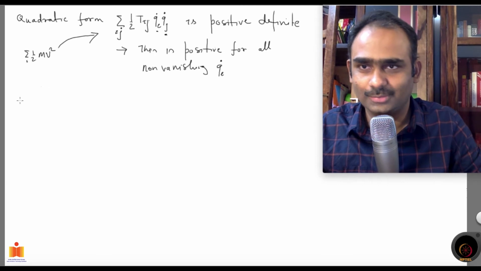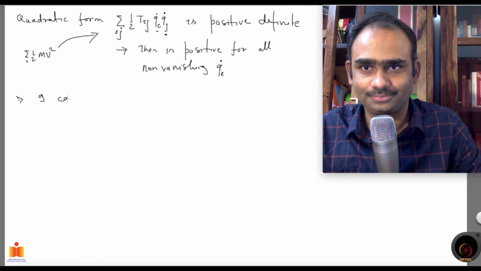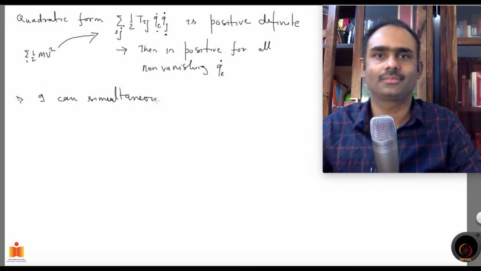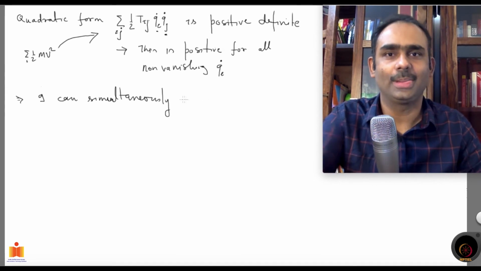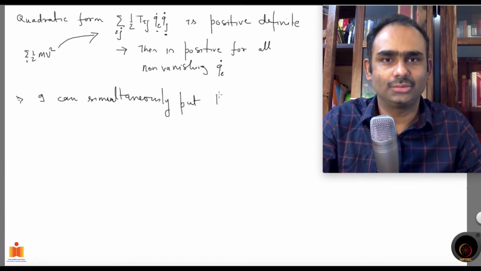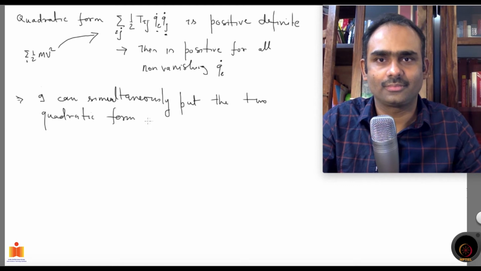So by this I mean I can simultaneously put the two quadratic forms as sum of squares.